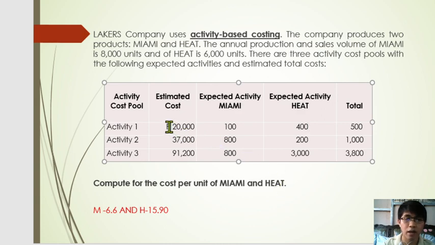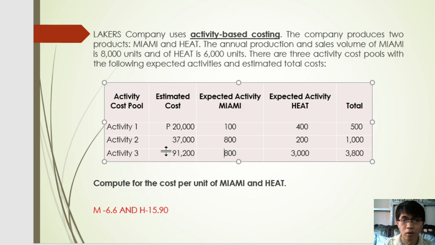For activity 1 muna, i-allocate mo tong 20,000 based on activity. So 20,000 times 100 divided by 500. So yung proportional allocation ang gagawin. 20,000 times 100 over 500 plus 37,000 times 800 over 1,000 plus 91,200 times 800 divided by 3,800.